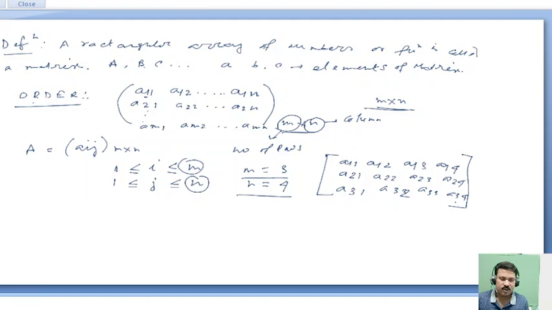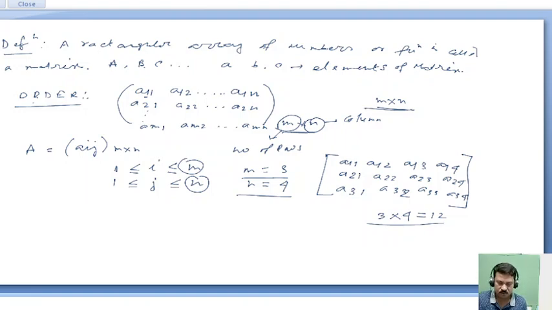This is a matrix having m rows and n columns. The total number of elements is 3 cross 4, that is m cross n, which is 12. The order of this matrix is 3 cross 4.